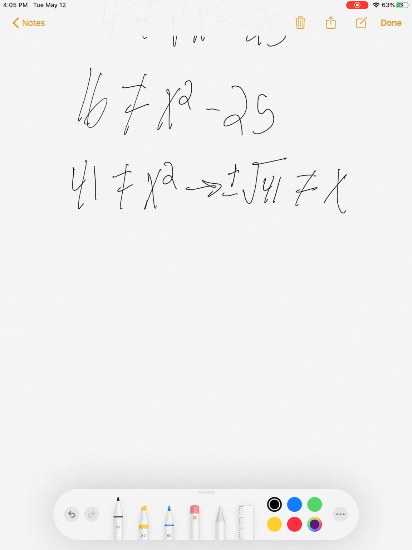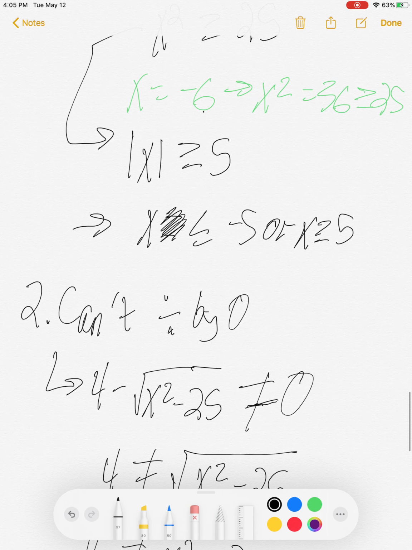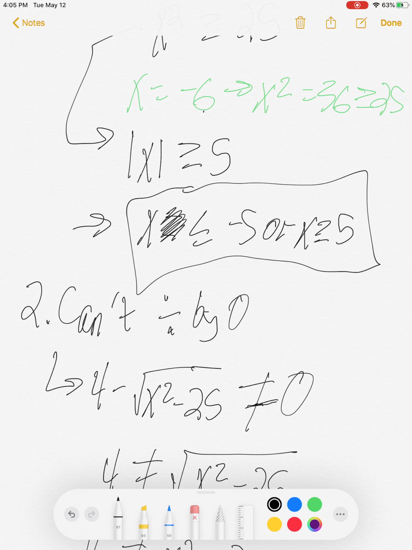So now we've got these conditions. X cannot be equal to plus or minus root 41. And I also need x to be less than or equal to negative 5 or greater than or equal to positive 5.